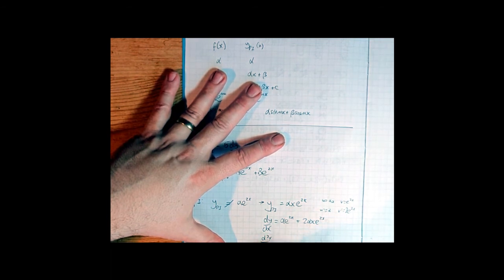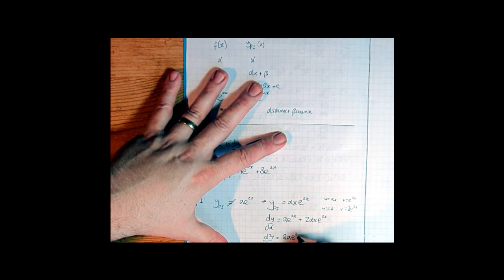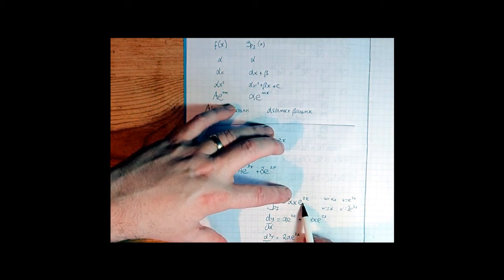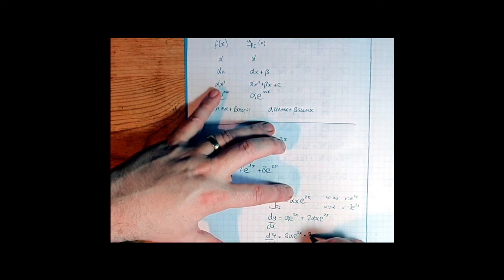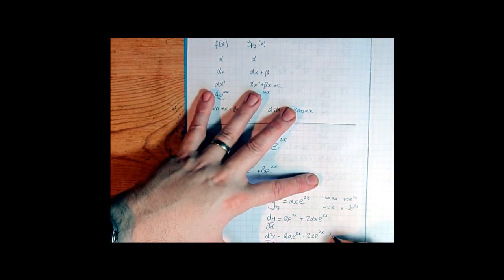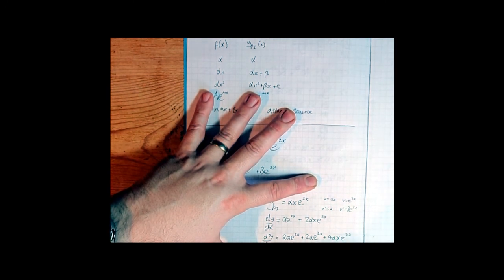Differentiate again. 2 alpha e to the 2x, and this is just alpha x e to the 2x, which I've already differentiated, doubled, so it's 2 lots of dy dx. So 2 alpha e to the 2x plus 4 alpha x e to the 2x. Let's simplify that.